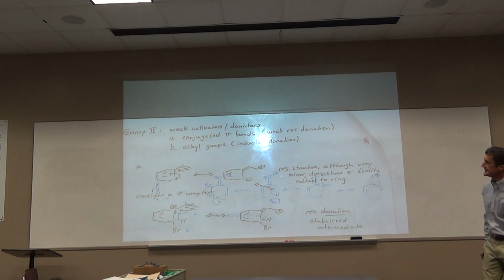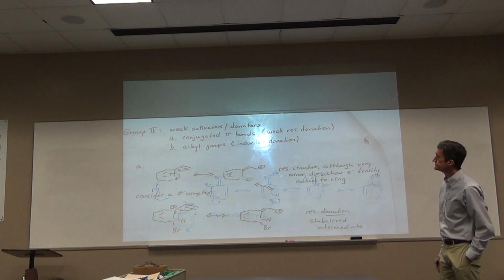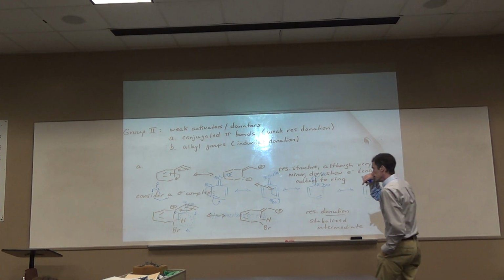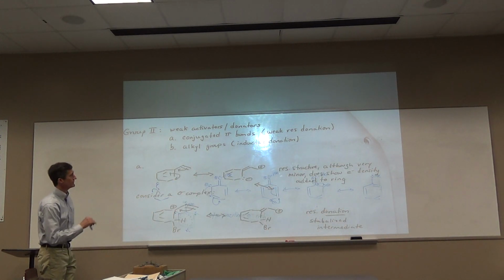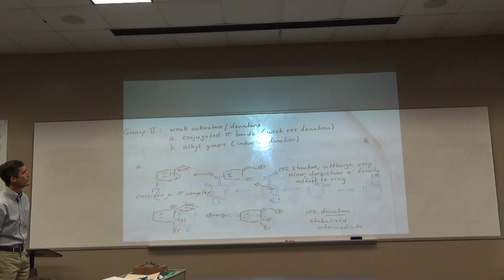Group 2 are weak activators, donators. And we'll see two types here. Conjugated pi bonds. These donate by resonance, a weak resonance donation. We'll also see alkyl groups.